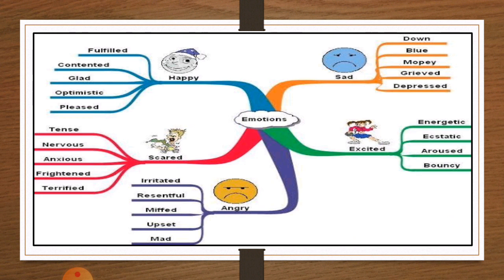Our angry emotion creates irritation, resentful, miffed, upset and madness. Whenever you will be scared, you feel tense, nervous, anxious, frightened and terrified. Our happiness shows our fulfilled, contented, glad, optimistic and pleased nature. So in this way you can draw your mind maps by using different patterns and keywords.